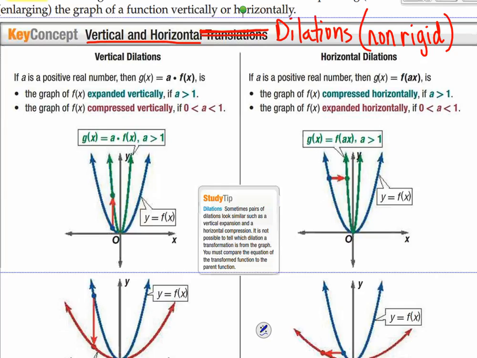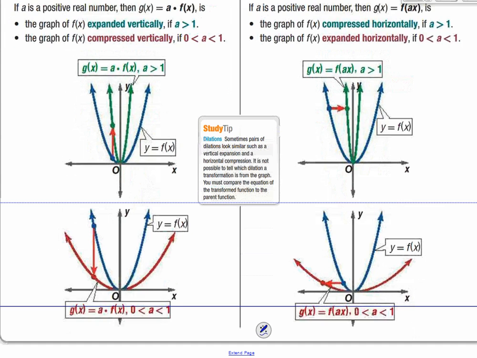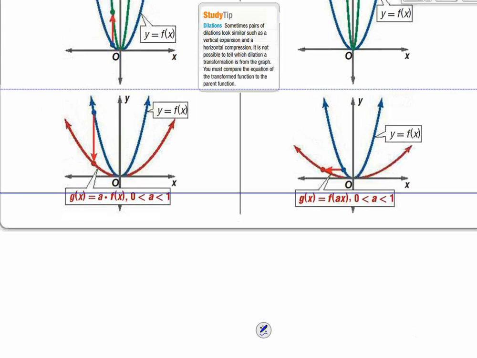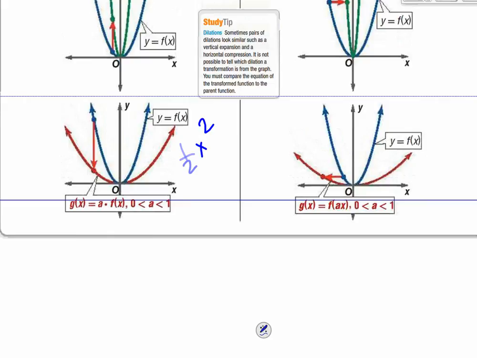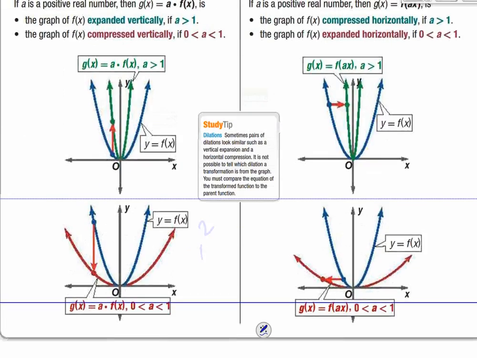And down here is the picture of it being compressed vertically. So if you take 1/2 of something, then it's going to bowl out more, and if this were 1/2 x squared, and the 1/2 is outside of there, it's called a vertical compression.